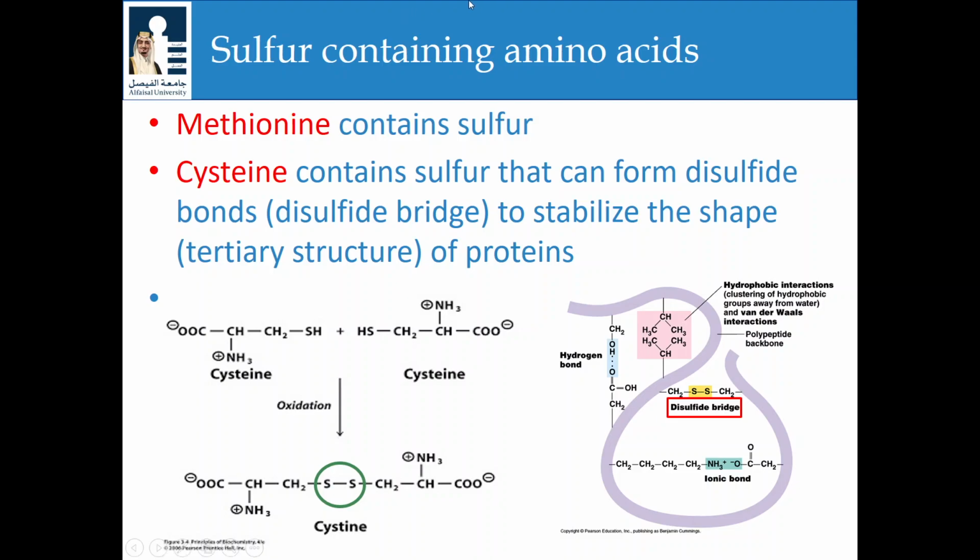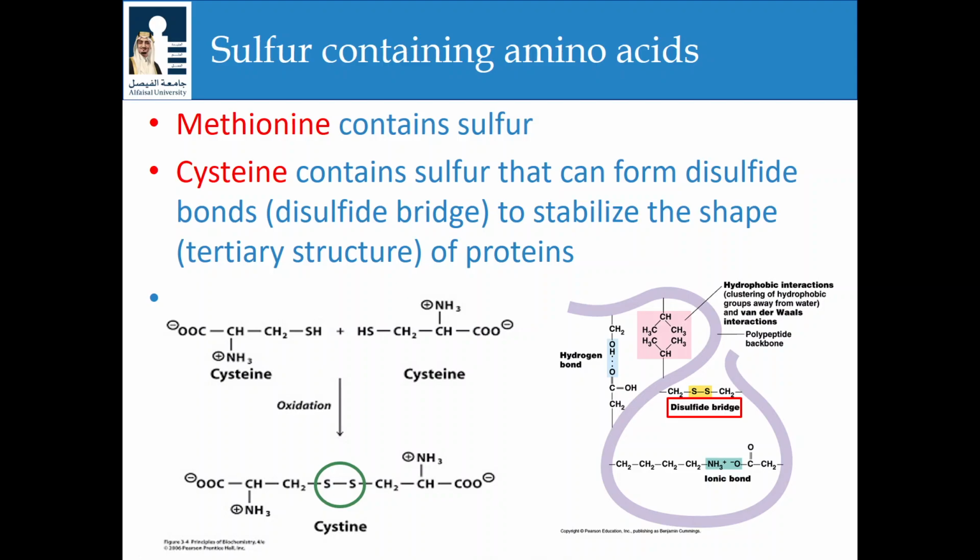Another amino acid that contains sulfur is cysteine. But cysteine is more important than methionine. Why? Methionine is important for the start codon, but cysteine's sulfur group is important because it has a sulfur at the end. It's actually SH, a sulfhydryl group.